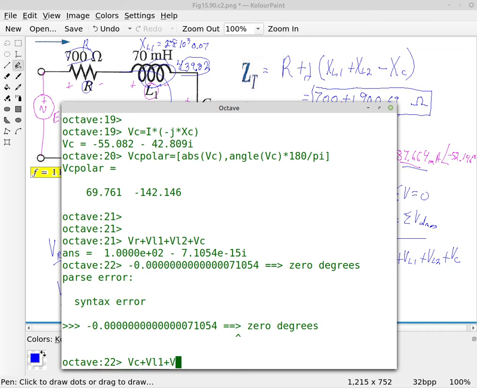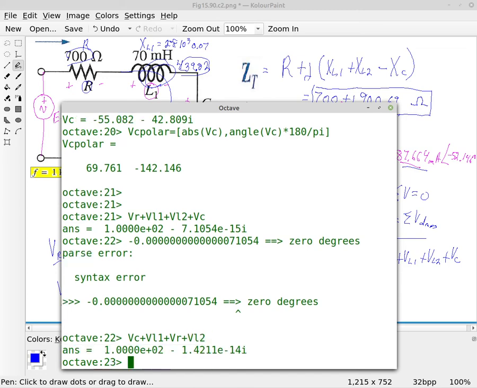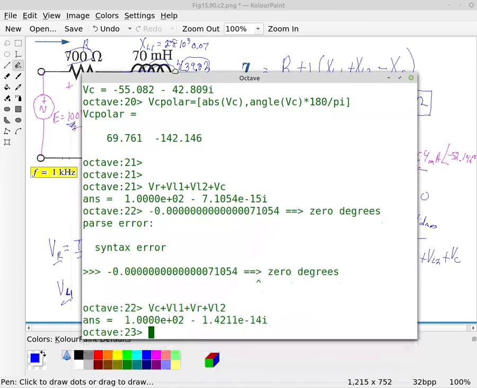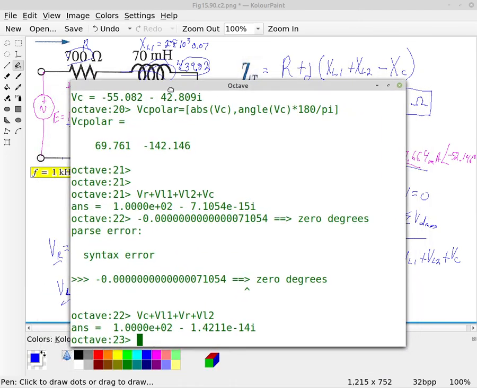The order doesn't matter, that's just normal mathematical properties. Which means that in this circuit I could switch around and put the resistor last, or the resistor in the middle, or the capacitor first, and it's not going to affect the overall circuit.